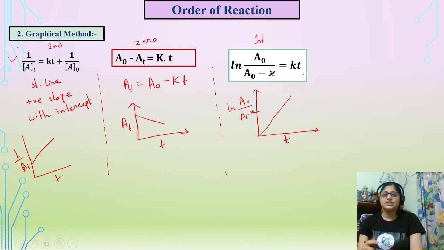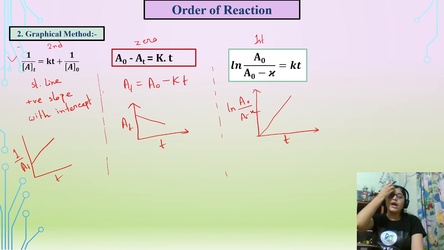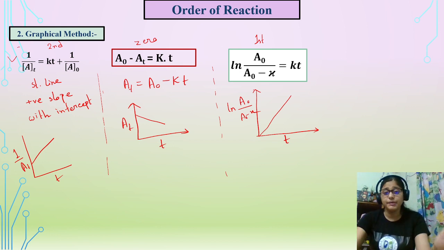So the question can be asked differently, but in the way which I am telling you. So you have to have an idea about these equations, integrated rate laws, and the graphs made from them, which has negative slope, positive slope, whether intercept is there or not. This you have to keep in mind.